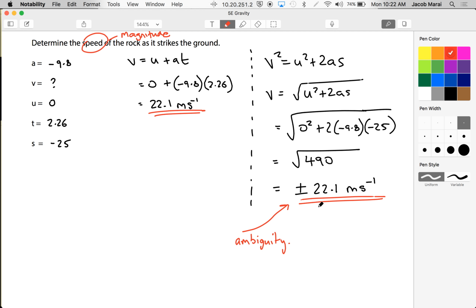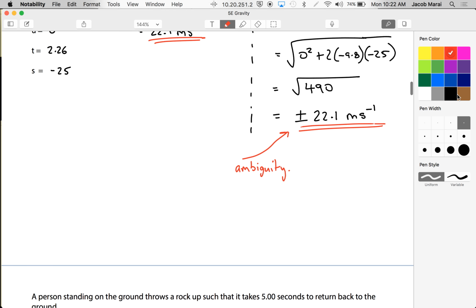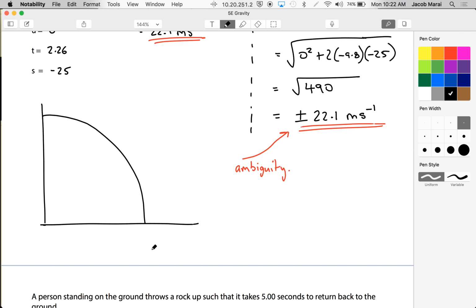And I want to show you why that is. Because this equation comes from quadratics. Are you ready for this? Don't draw this. This is the shape of our quadratic, right? And here's us atop a 25-meter tall building, okay?